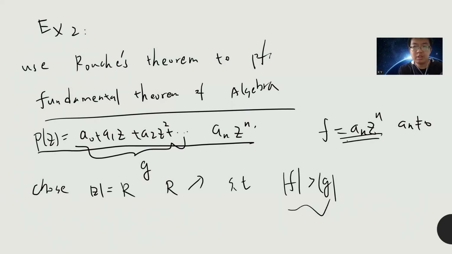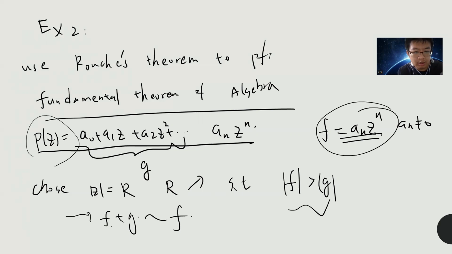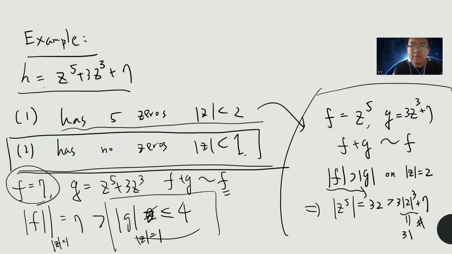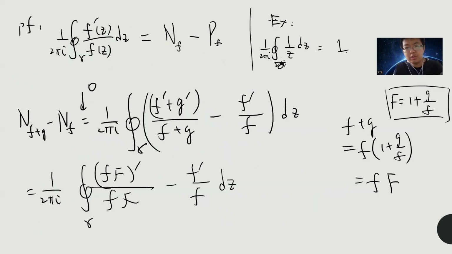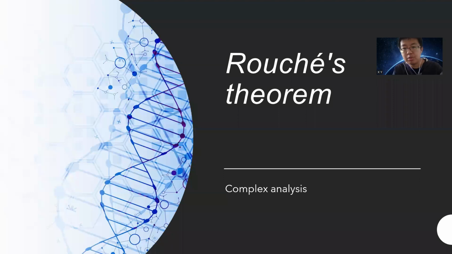Because n is the largest power, so if you choose the radius large enough, then obviously the highest power will dominate. So |f| is greater than |g|. This will give you that f plus g has exactly the same roots as f, and in this case f plus g is P. Okay, so this is a very simple example of this theorem. After these 2 examples and this small proof, I think you already understand Rouche's theorem. Okay, see you guys in the next videos.